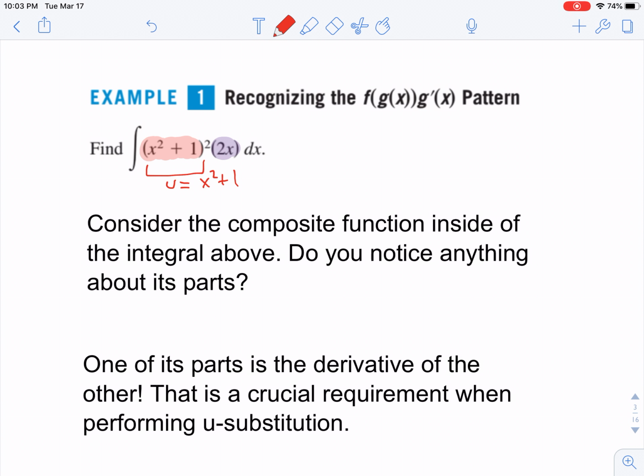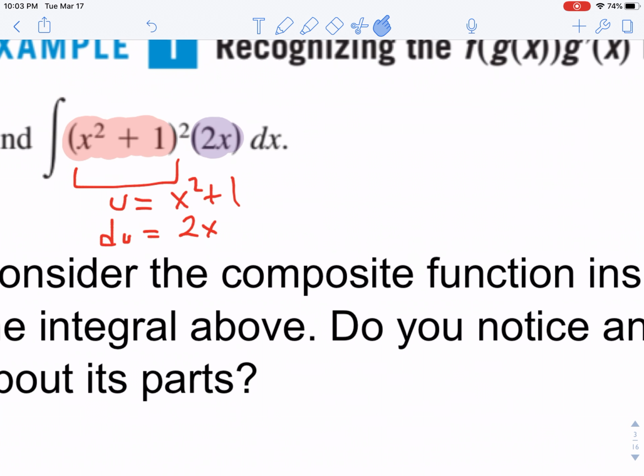Now, after we set u equal to an expression of x's, what we want to do is find the derivative of u, aka du. So the derivative of x squared is 2x. And now whenever we do derivatives here of x's, we have to write dx along with it. Okay?